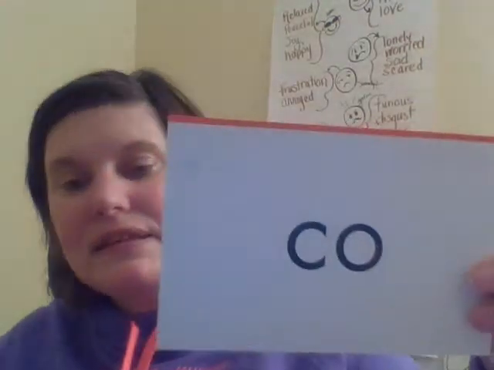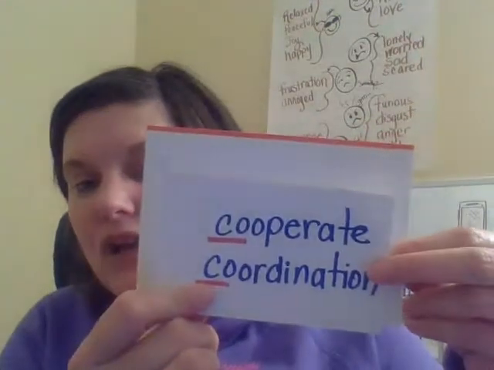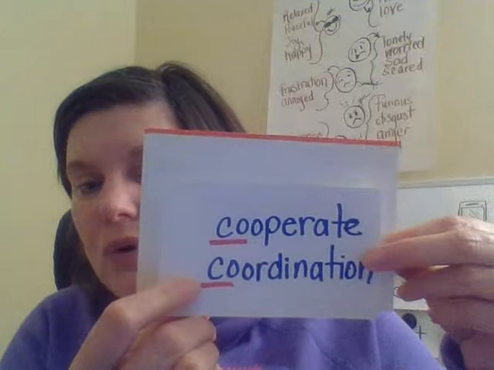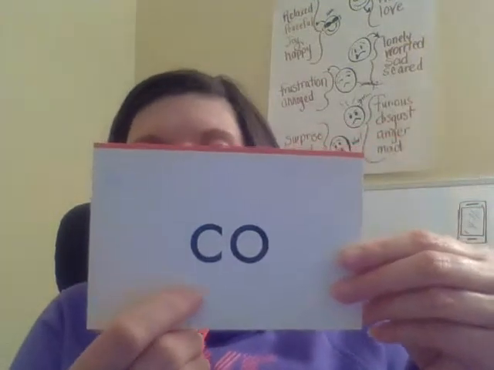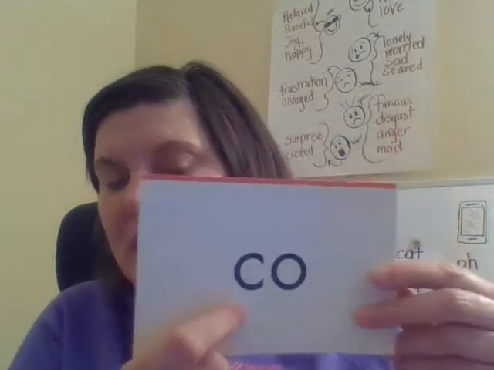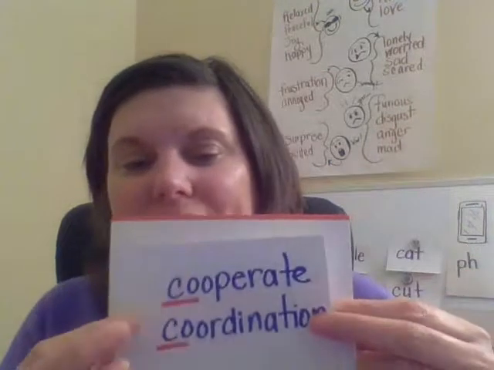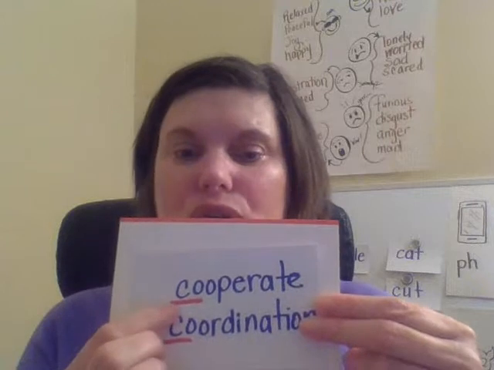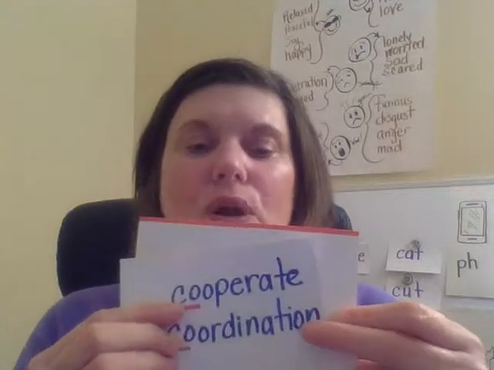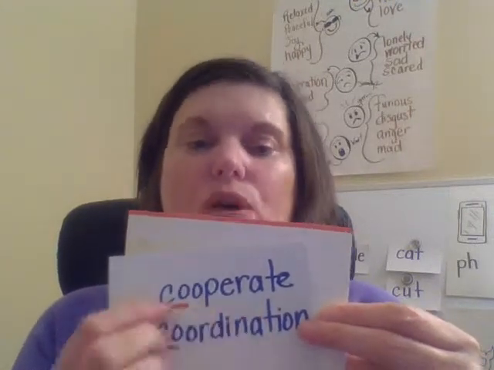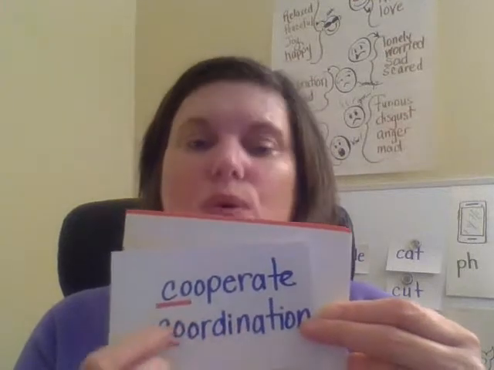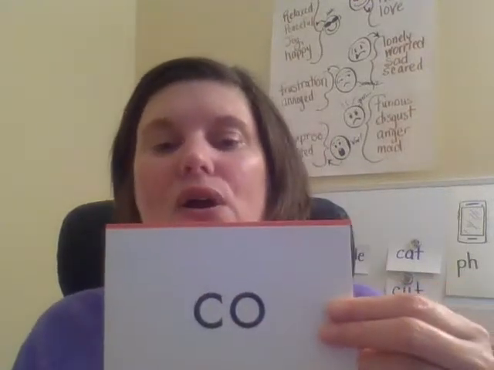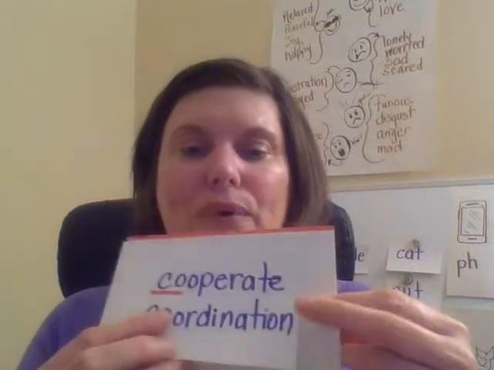And I already told you, like subject, object. Okay. All right. This one is like in cooperate or coordination. When you say it in the word, sometimes the sounds get a little bit distorted. So cooperate. Coordination.